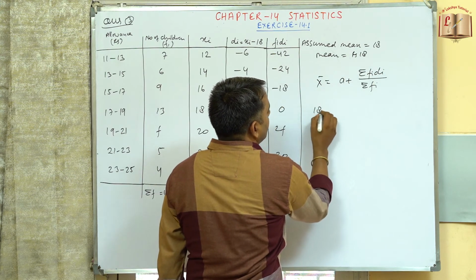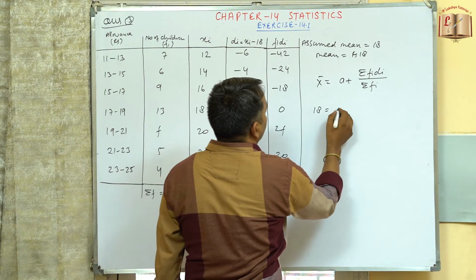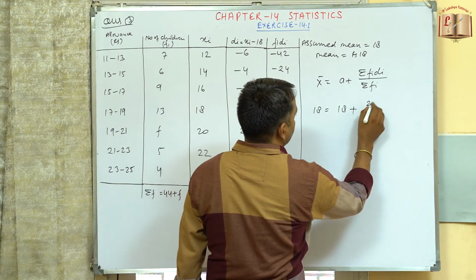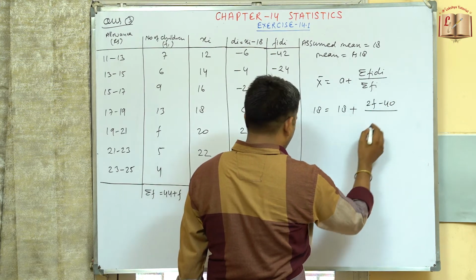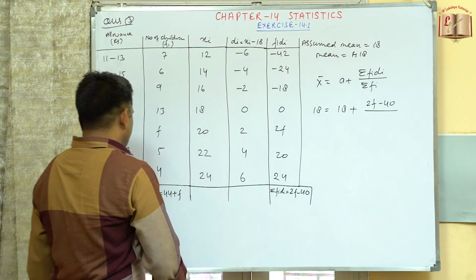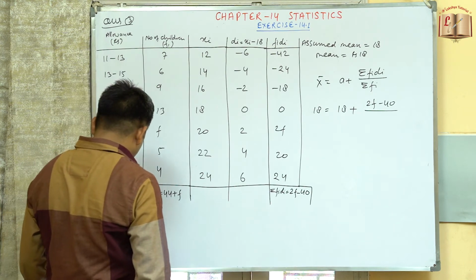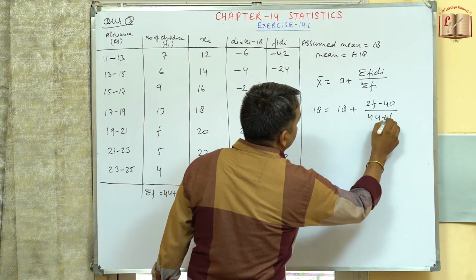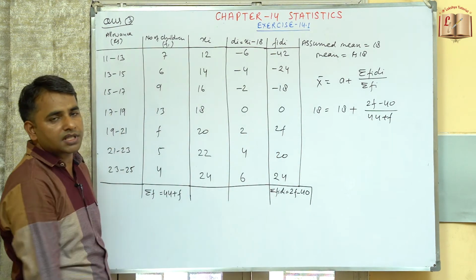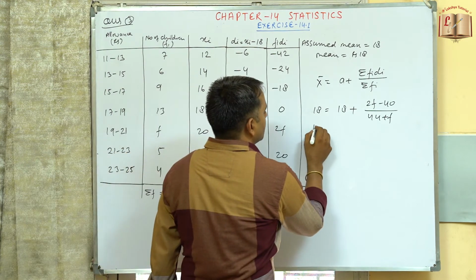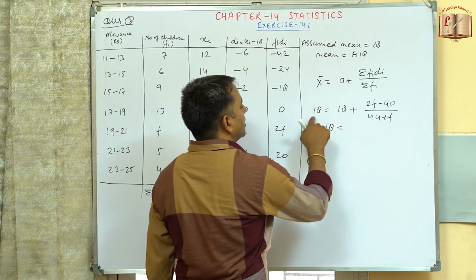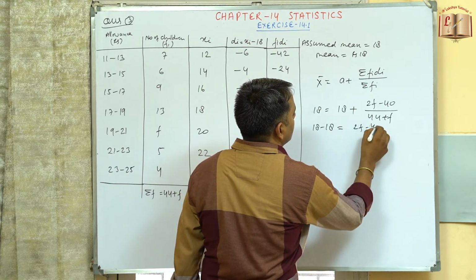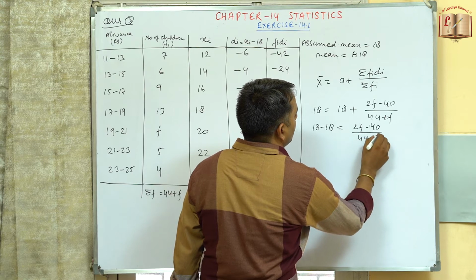So in place of mean we will put 18. A we already got, 18, plus sigma fi di, so this is 2f minus 40 divided by sigma f. So sigma f we got 44 plus f. So now we will put this value. So this will be 18 minus 18, bringing 18 to this side.